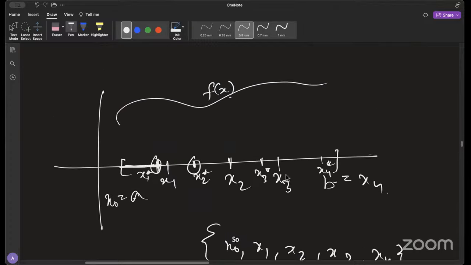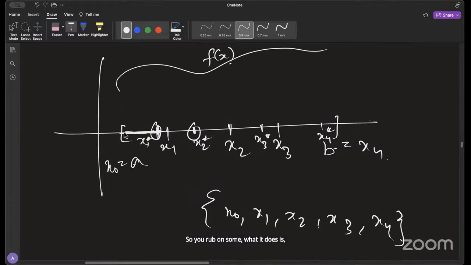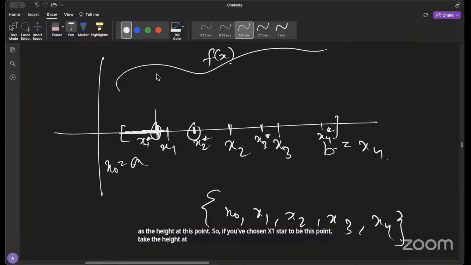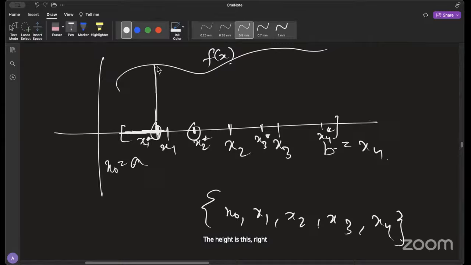So your Riemann sum, what it does is, take the width of the rectangle as this and take the length as the height at this point. So if you've chosen x1 star to be this point, take the height at this point. What is this height?